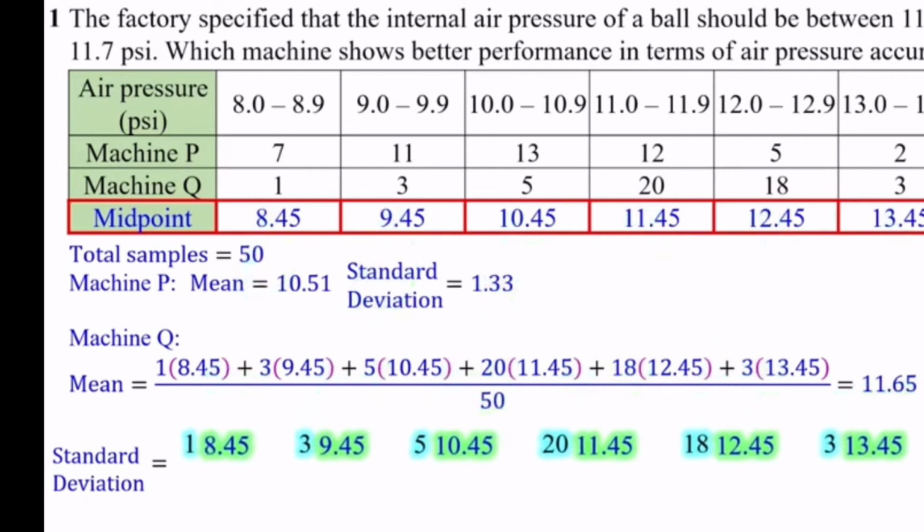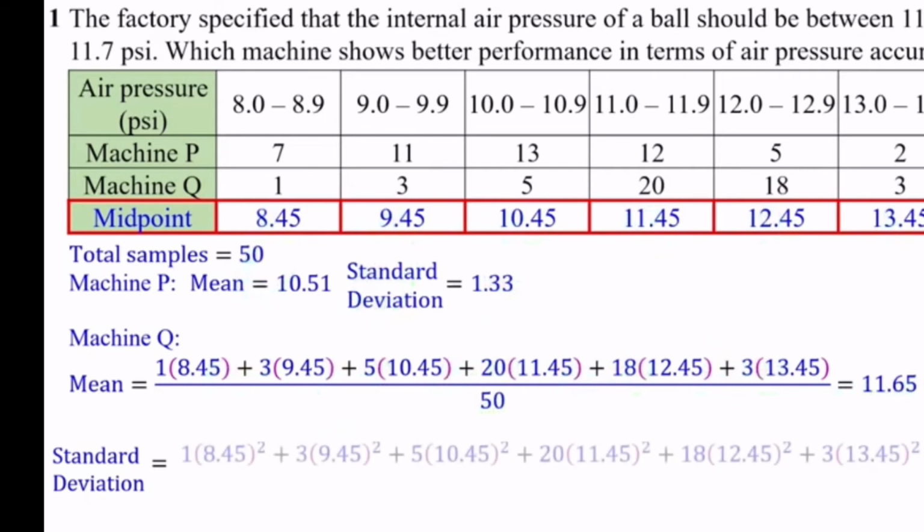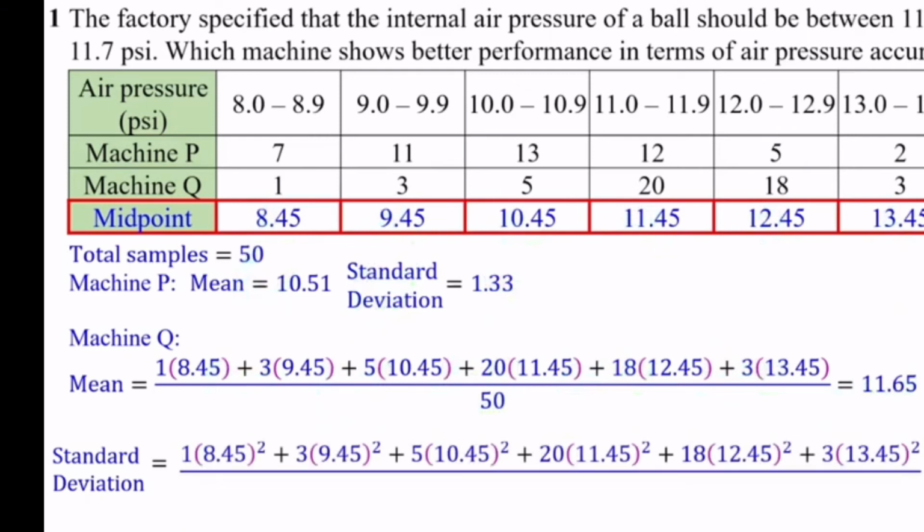We will take 1 times 8.45 square plus 3 times 9.45 square plus 5 times 10.45 square plus 20 times 11.45 square plus 18 times 12.45 square plus 3 times 13.45 square. And then we divide by the total frequency, which is 50.